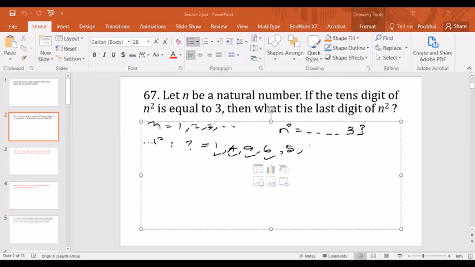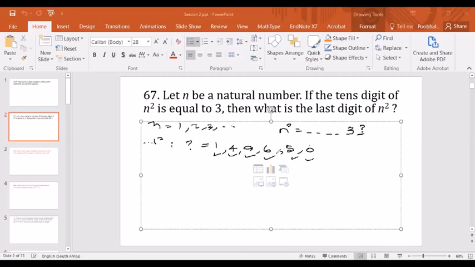So the only possible values for this question mark are 1, 4, 9, 6, 5, or maybe 0, because if it ends in 0, then you could have a natural number ending in 0, like 10. These are the only possibilities for the ending.